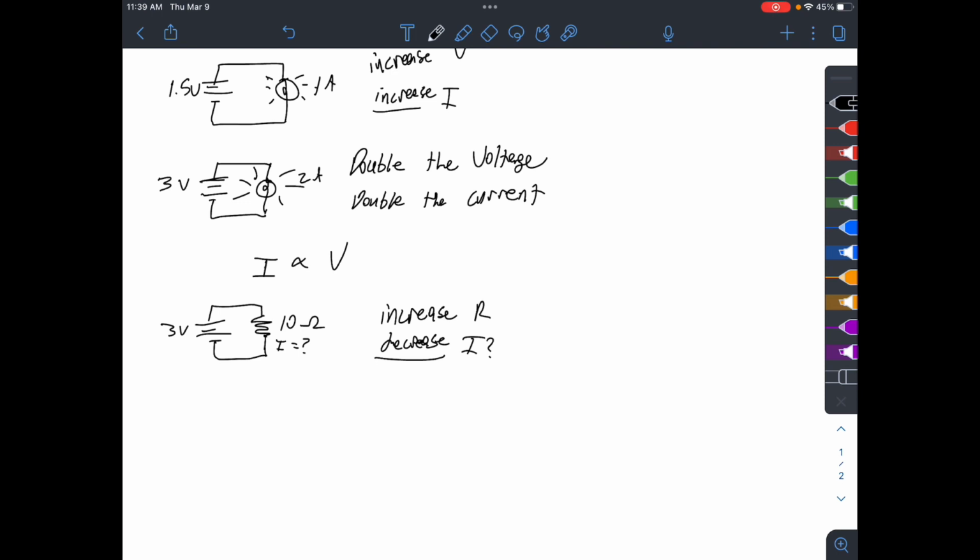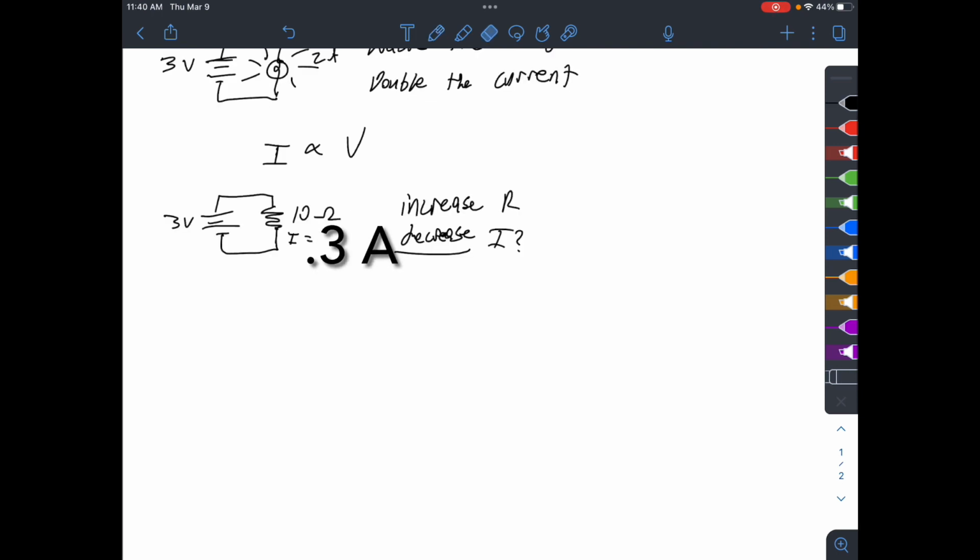if I increase R. So if I were to say that the current in the resistor was found to be, I don't know, 3.33 amps, I would say that if I increase this resistance to 30 ohms, and we're still at 3 volts, the current running through would be now maybe 0.1 amps or something like that.